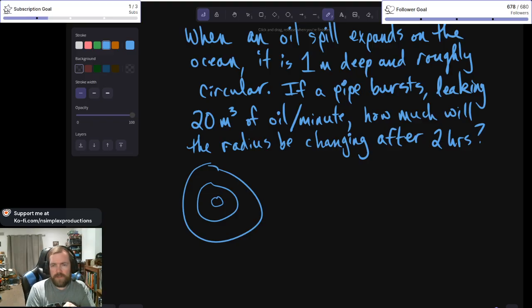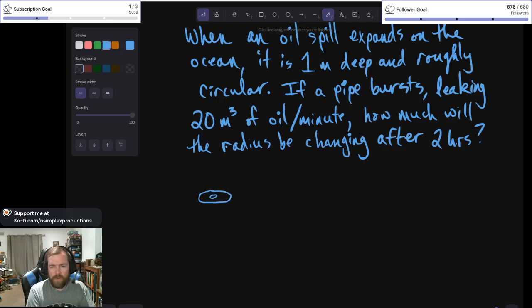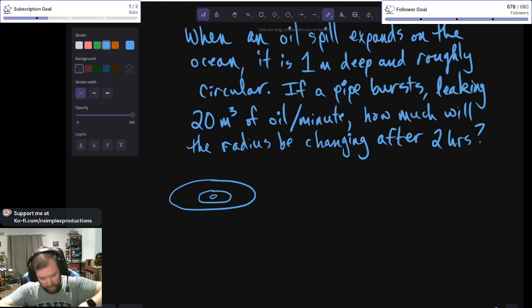Right, it's going to be circular if you're looking at it from straight up and down. If you're looking at it from kind of a bird's eye view essentially, then what we have here is cylinders.